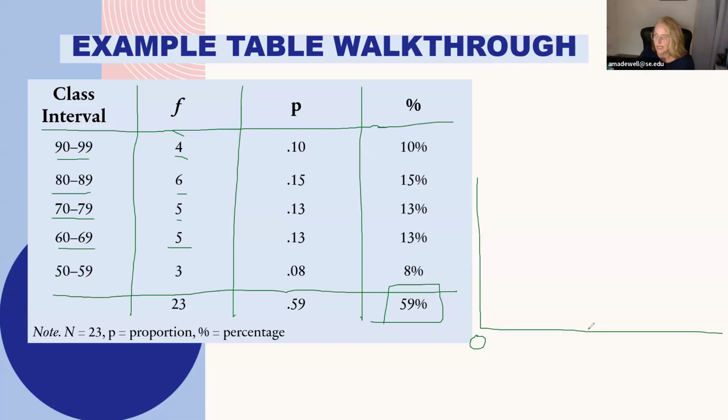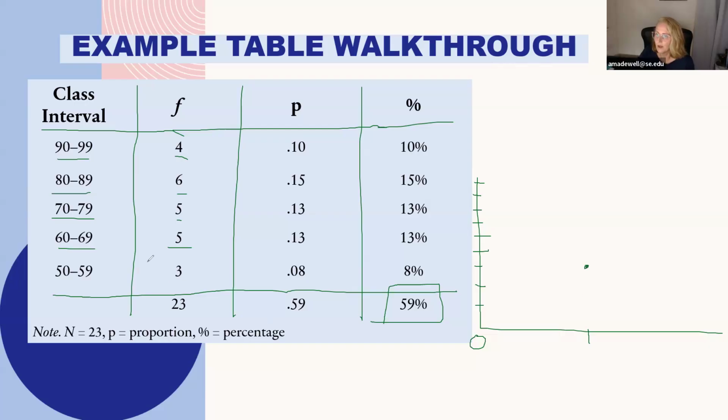So if we don't have any data until 50, let's say this is 50 to 59, with counts 1, 2, 3 people.